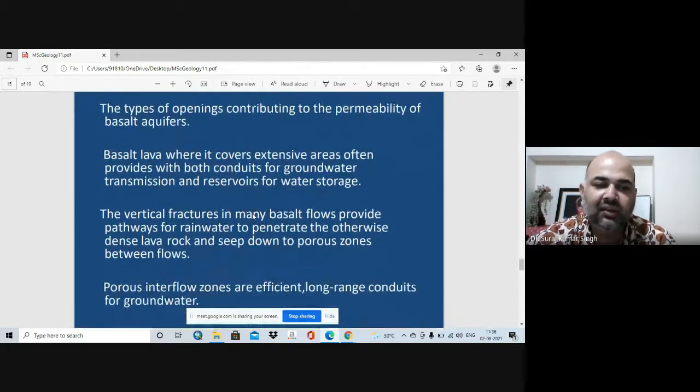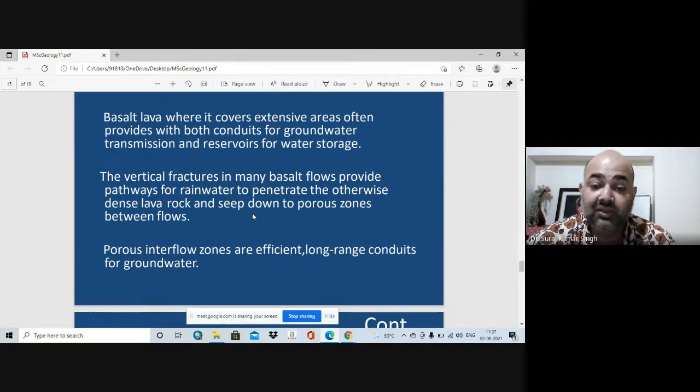Basalt lava, where it covers extensive areas, often provides both conduits for groundwater transmission and reservoirs for water storage. The vertical fractures in many basalt flows provide pathways for rainwater to penetrate the otherwise dense lava rocks and seep down to the porous zones between the flows.